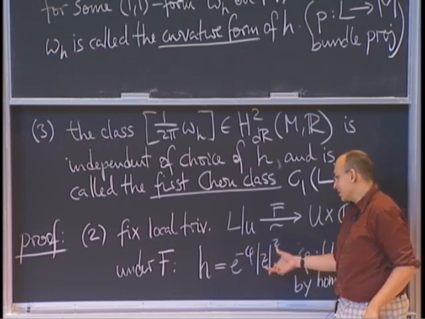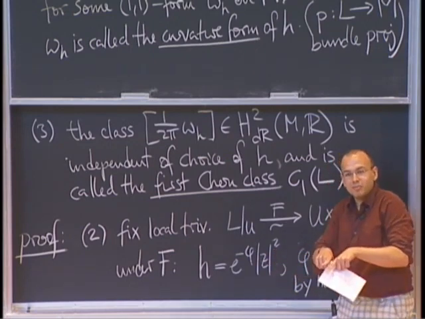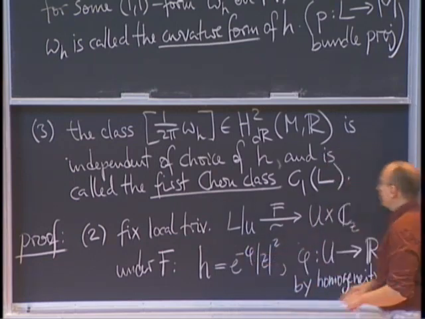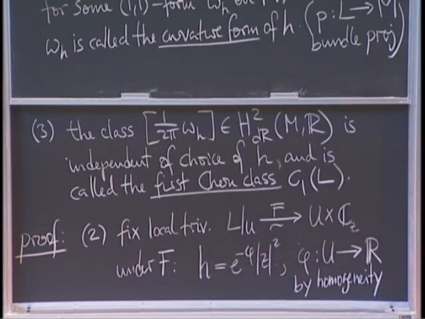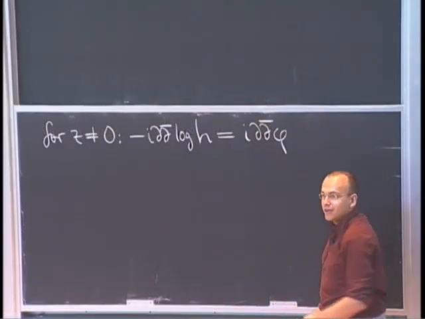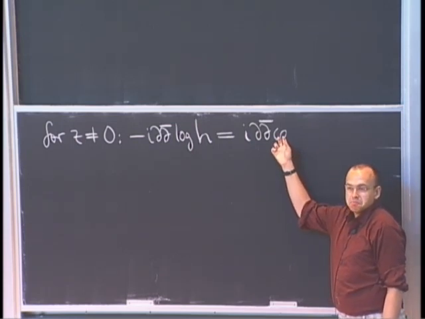As long as I stay away from the zero section, where ∂̄ of this gives a delta function component, this doesn't actually contribute. So all that's left is i ∂∂̄ phi, and that lives on the base.